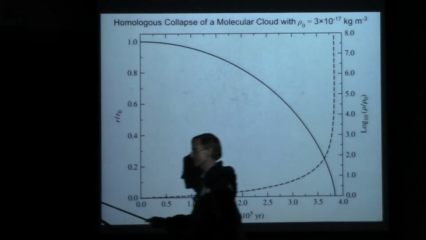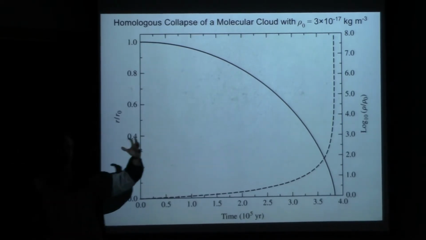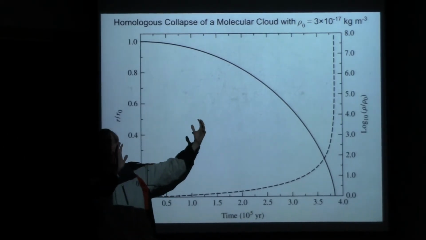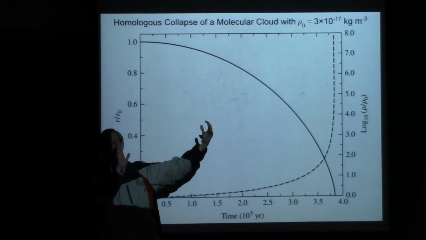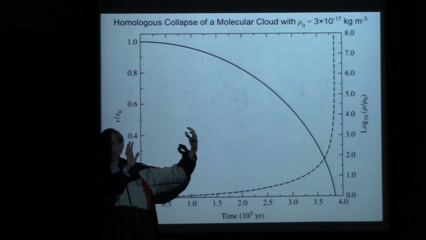So, in other words, the collapse initially is quite gradual, but you're compacting more and more mass inside of each layer, so the acceleration keeps going up.